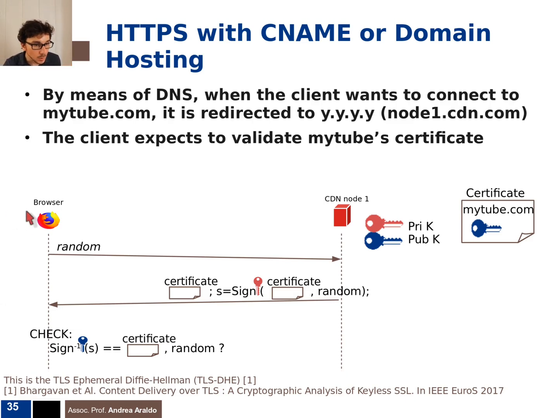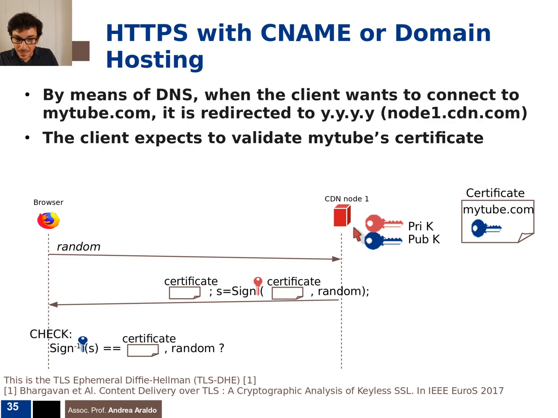So now the browser will contact a CDN node, and actually the CDN node should be able to prove it is MyTube, okay, because the browser is trying to access MyTube. So how can CDN impersonate MyTube? This is a complicated problem.